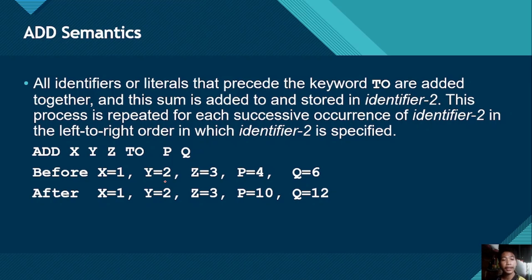So all the identifiers or literals that precede the keyword TO are added together, and this sum is added to identifier 2 and stored in identifier 2. This process is repeated for each successive occurrence of identifier 2 in the left to right order in which identifier 2 is specified. So we add x, y, z to p and q. Meaning x, y, and z is added to p, and x, y, z is added to q.